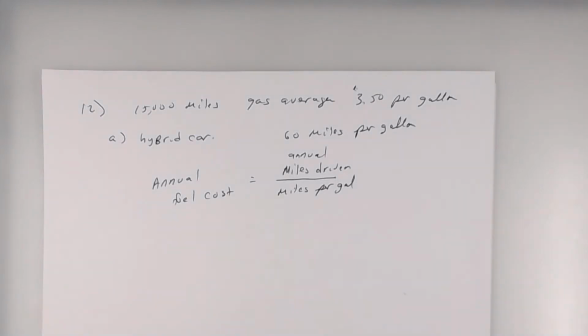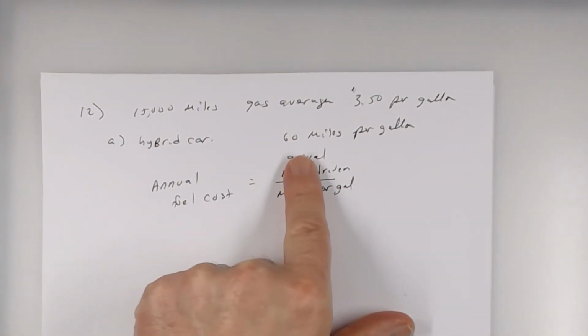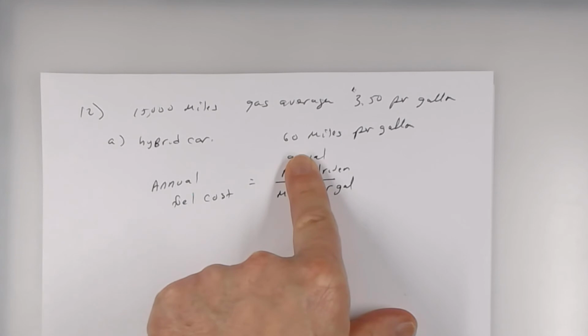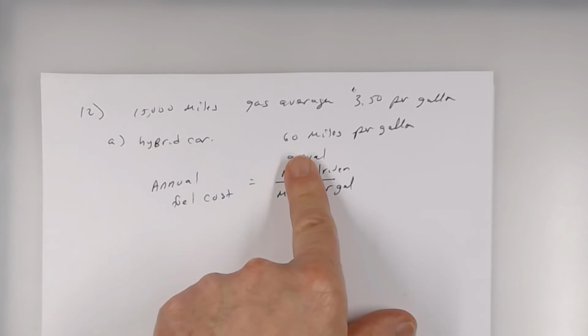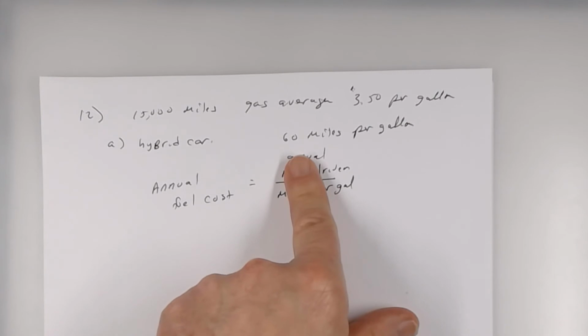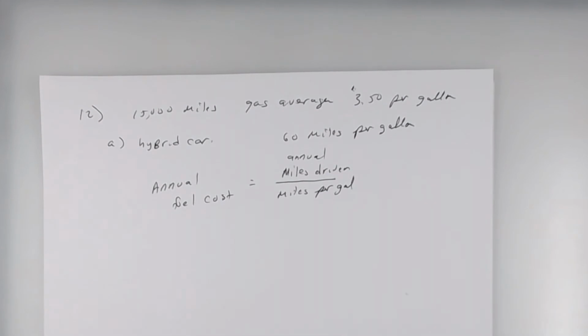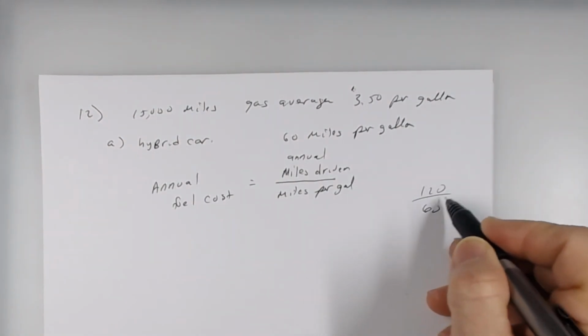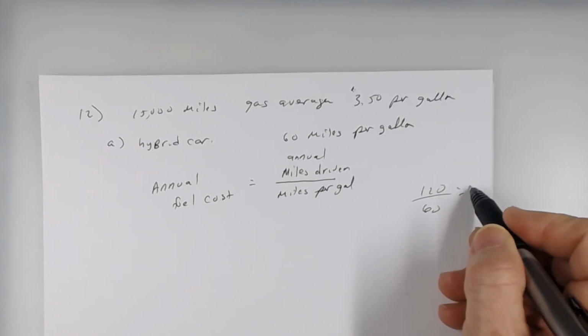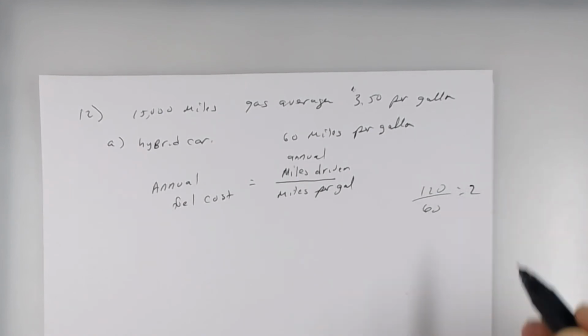So for example, listen carefully. If I drive 60 miles, how many gallons of gas did I use? One. If I drive 120 miles, how many gallons of gas did I use? Two. Do y'all agree that 120 divided by 60 is 2?